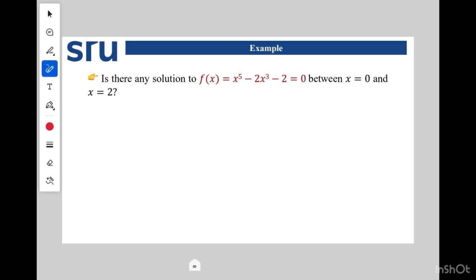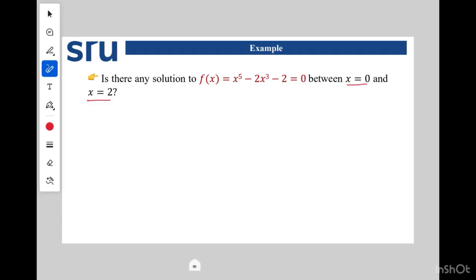Now let us understand the intermediate value theorem using one example. So what is the example here? The question is: is there any solution to f(x) = x^5 - 2x^3 - 2 = 0 between x = 0 and x = 2?